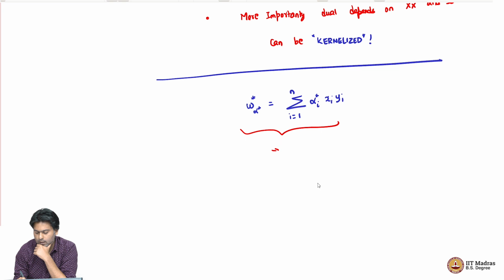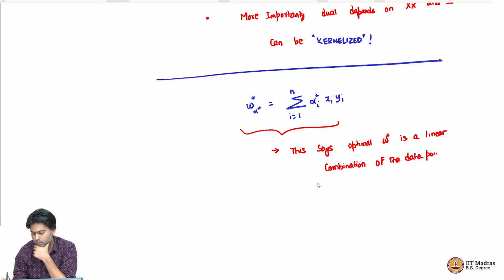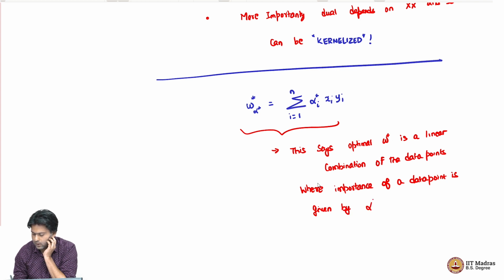So now this says the optimal w star is a linear combination of the data points, where the importance of a data point is given by alpha star_i for the ith data point.